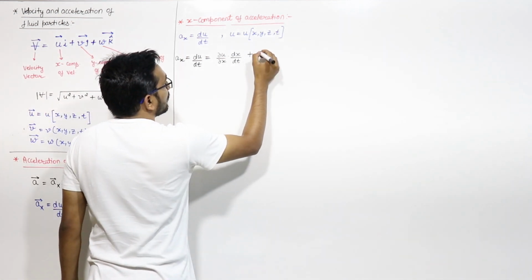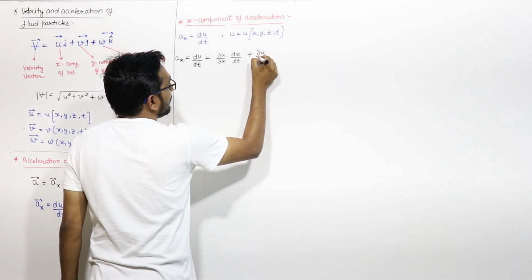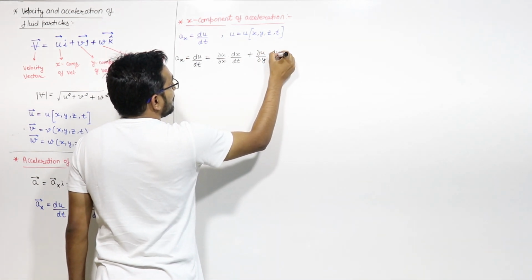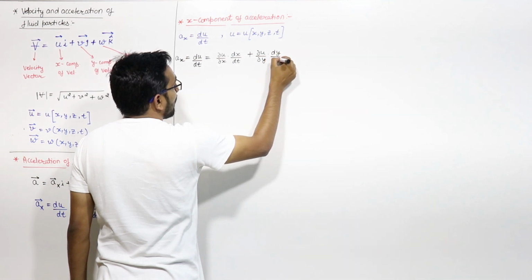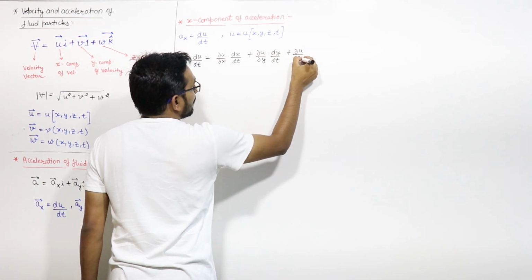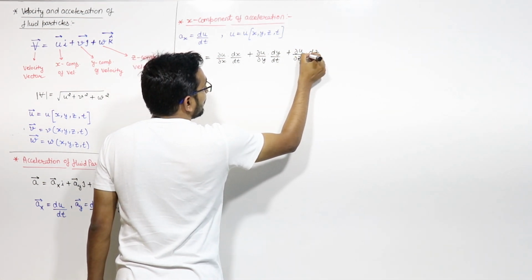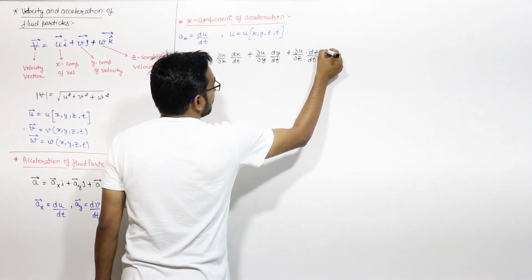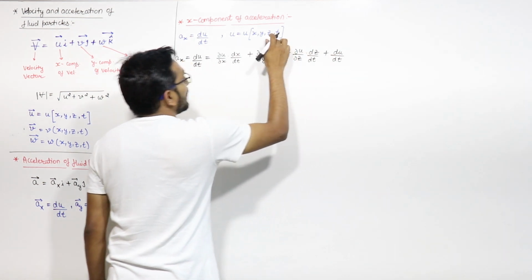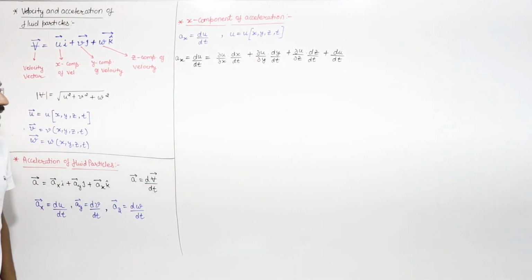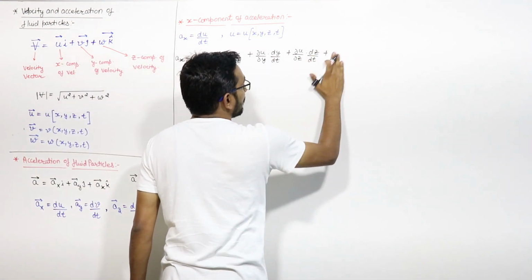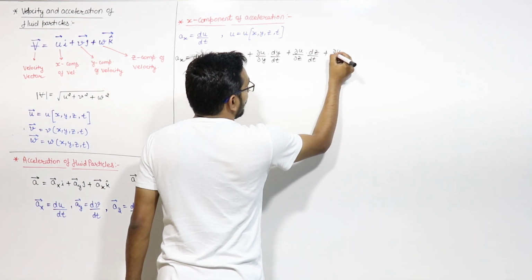Plus del u by del y into dy by dt, plus del u by del z into dz by dt, plus del u by del t.